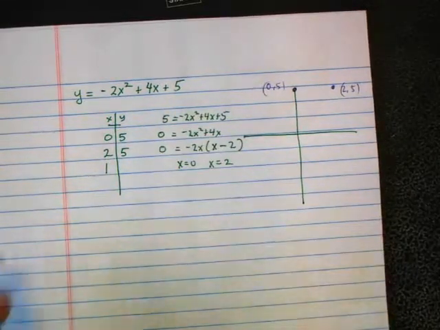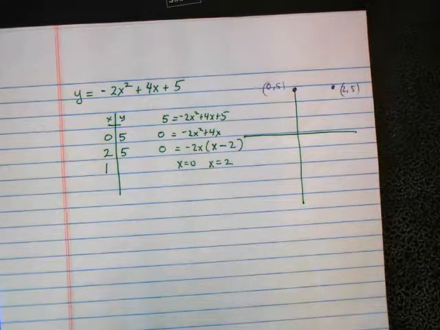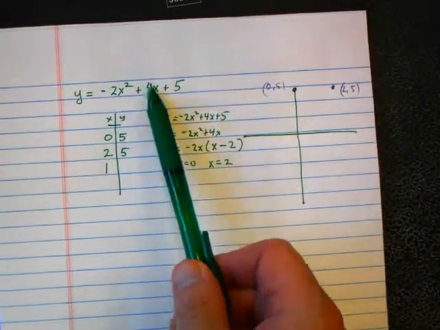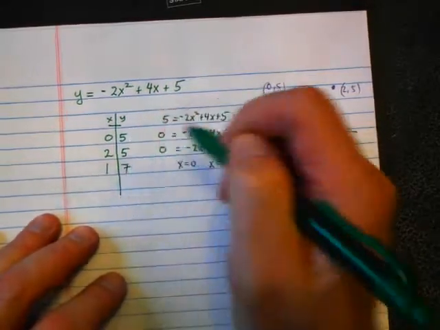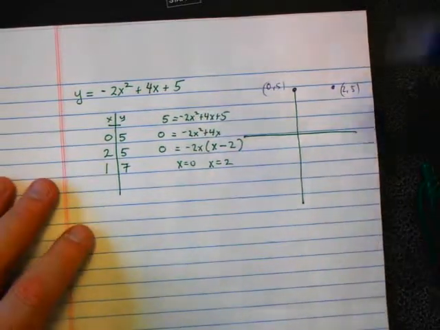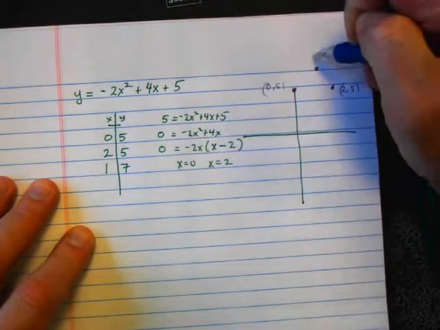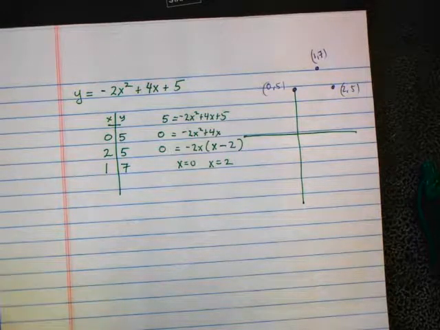So the vertex will always be halfway in between those two x numbers. I plug in 1, I get negative 2 plus 4, that's 2, plus 5, that's 7. I have right here (1, 7). Well, I didn't quite draw that halfway in between, but it's close. Should have been halfway in between.